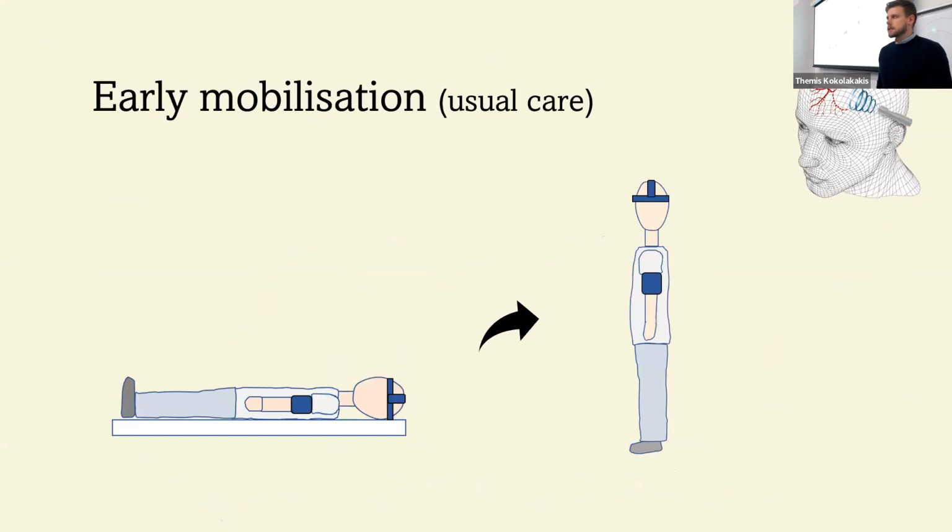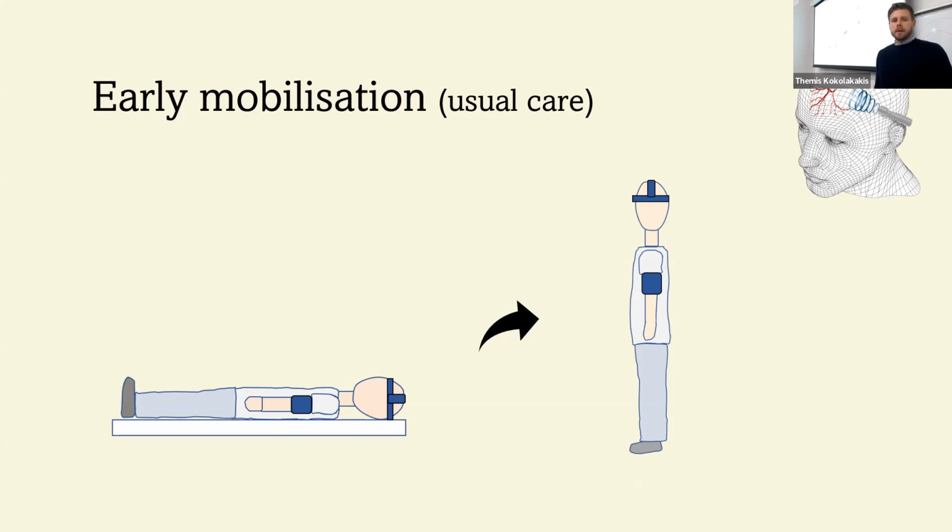We also compared this to usual care, a technique called early mobilization, which is essentially to get people out of bed early after a stroke and get them to stand up or walk around. This is quite a controversial technique. Some disagree with it because it could lead to a reduction in blood flow to the brain, which could potentially exacerbate the injured area.